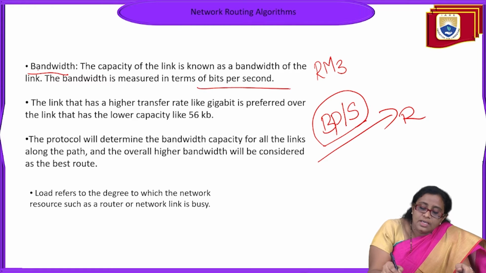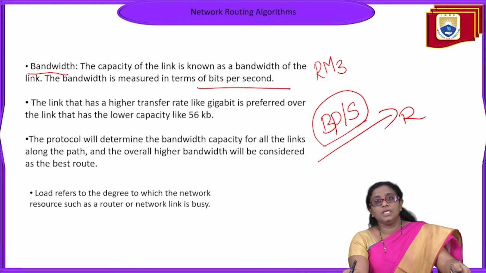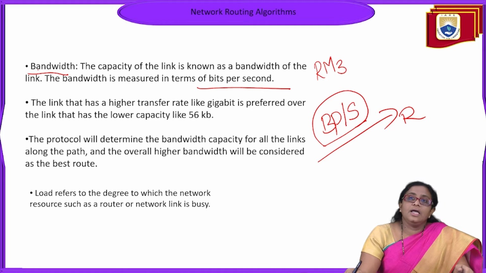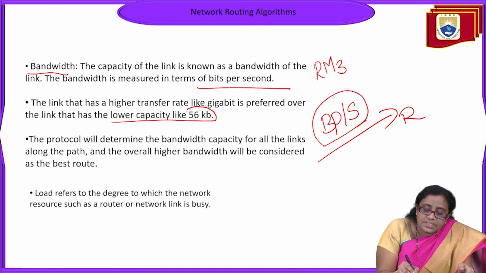As I have already told you, bandwidth is nothing but bits per second. The next point is that a link that has a higher transfer rate, like gigabit, is preferred over a link that has the lower capacity of 56 KB.